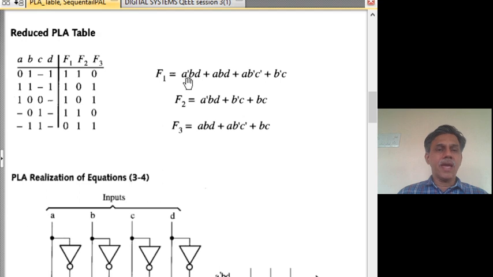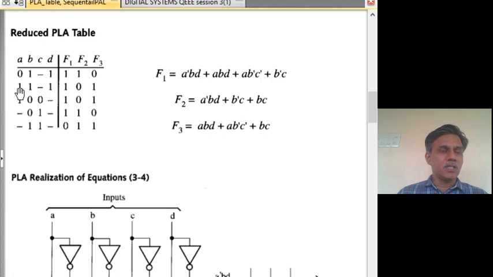Here the variable A is present as A dash, so we put a 0 underneath A. Then B is present in normal form, so you put a 1. C is absent in this term, so you put a dash, which means C is not present. D is present in normal form, so you put a 1. So this representation denotes A dash B D.